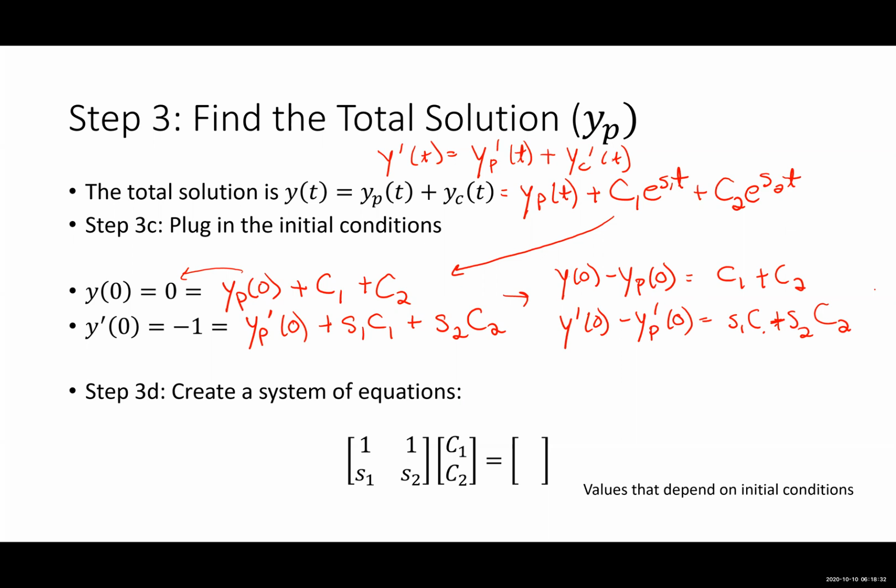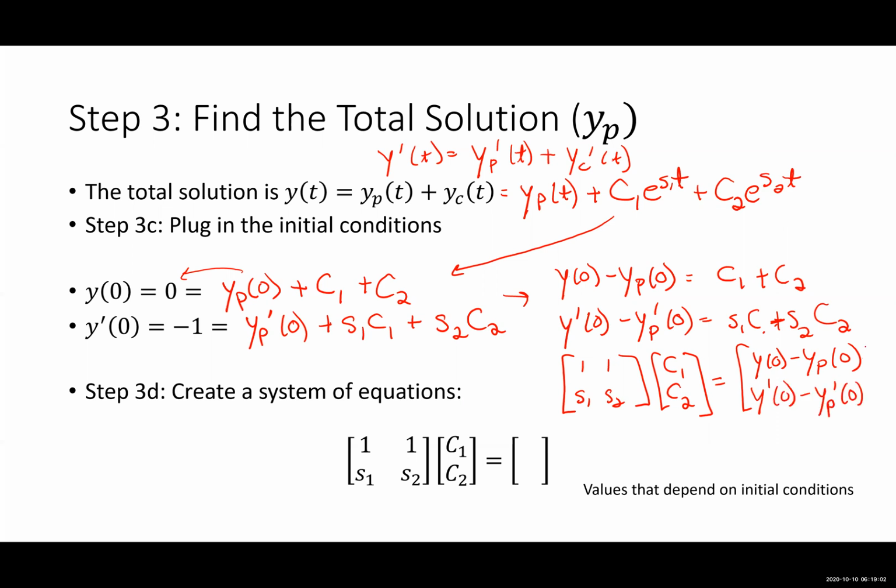This is true whether it's underdamped, overdamped, whatever. This is always going to be true. So this can be written as a system of equations as the matrix 1, 1, S1, S2, all times C1, C2, equal to y of 0 minus yp of 0 and y prime of 0 minus yp prime of 0, like that.